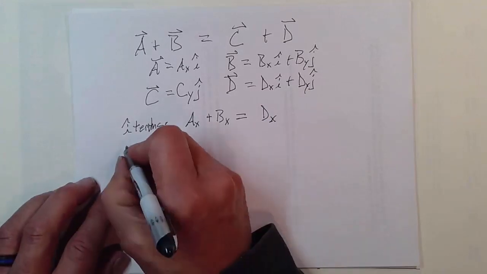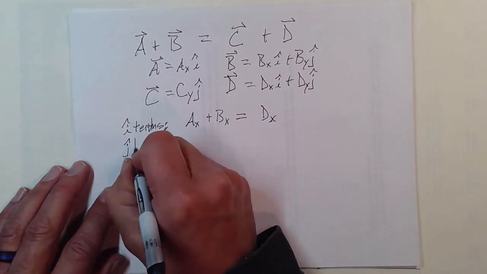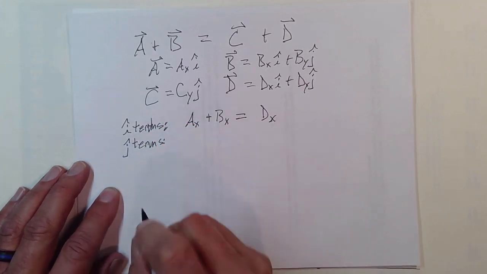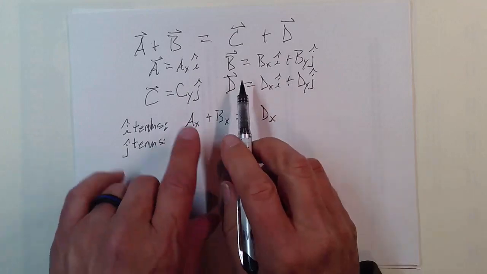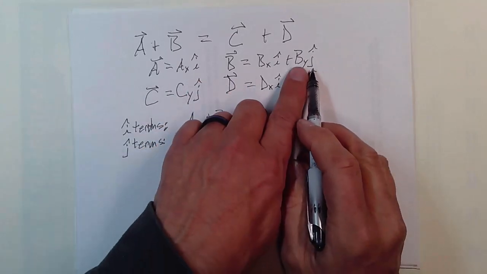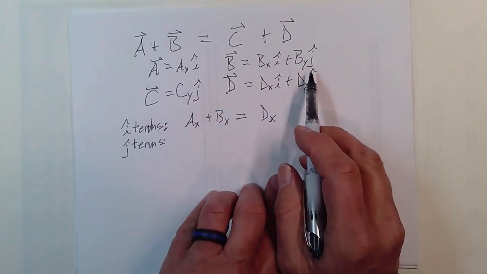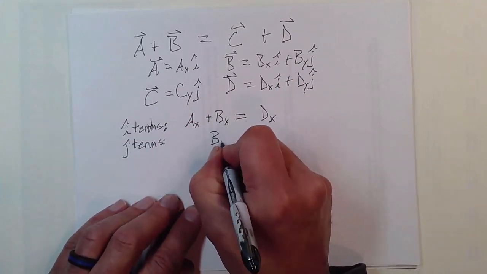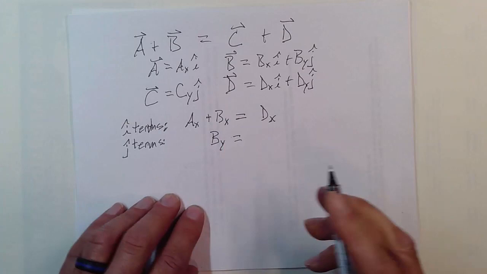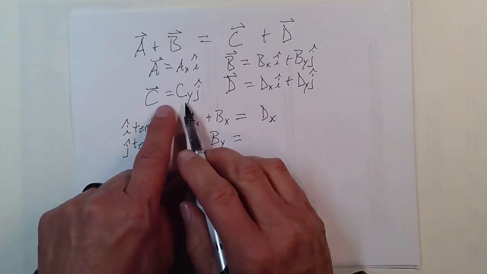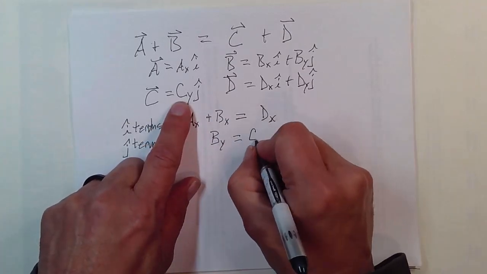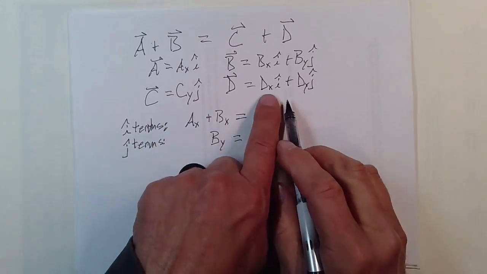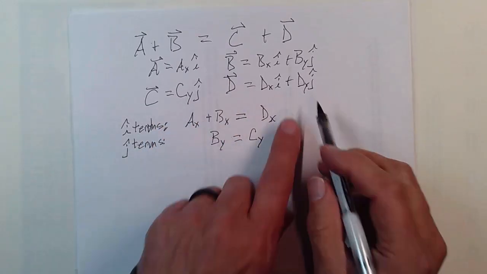Okay. If I consider the j hat terms, let's see, I only have one on the left side. I just have B sub y. So B sub y has to equal, what have I got on the right side? C has a term, C sub y. D has a term, D sub y.